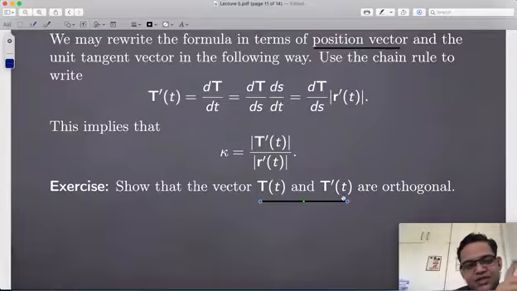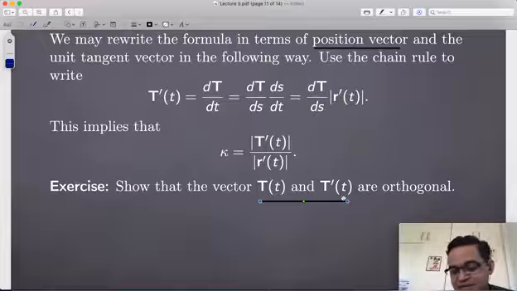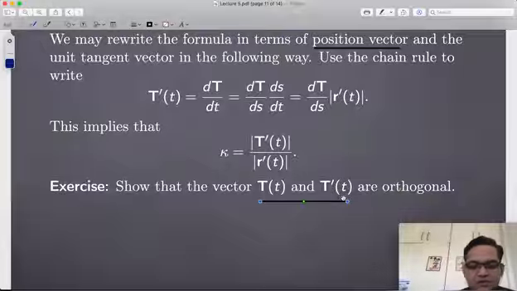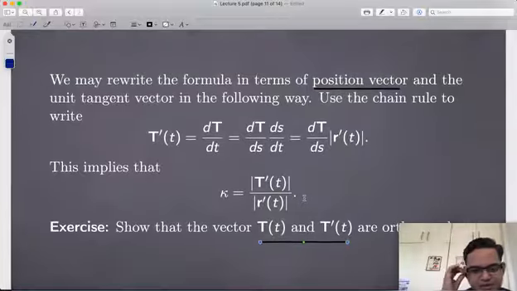The unit tangent vector is always orthogonal to its derivative, and this you already know. This follows from one of the properties. If you recall, if you are moving on a sphere, for example, I had given an example. All you have to do is take the dot product, and because this is a unit vector, you will immediately conclude. I don't want to give you the complete solution.